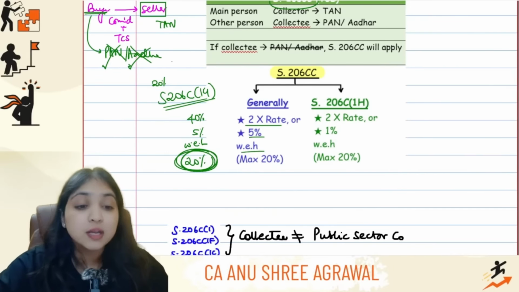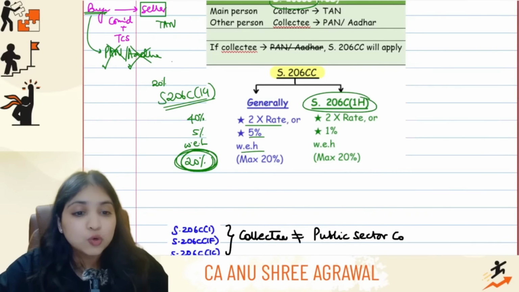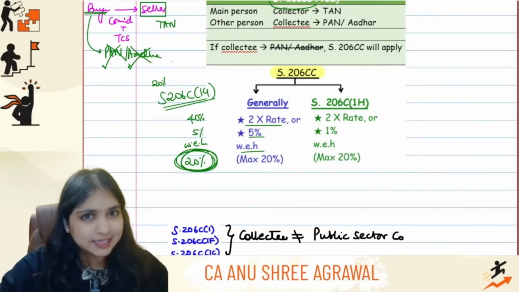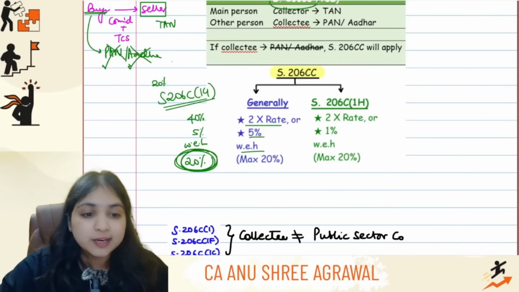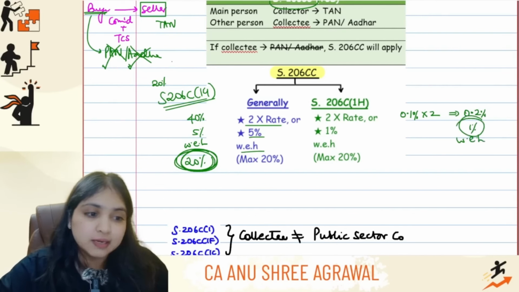However, in 206C1H, remember 206C1H, guys, in 206C1H alone it is slightly different. In 206C1H it will be 2 times the rate. So in 206C1H TCS rate is 0.1% of the excess above 50 lakhs. So 0.1% into 2, which will be 0.2%, or 1%, whichever is higher, that is 1%.